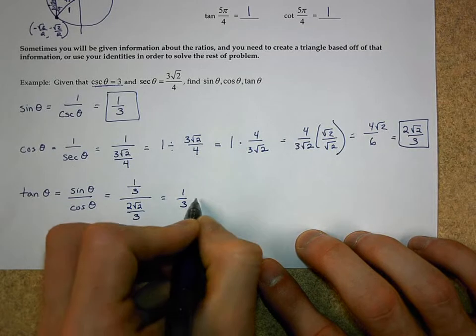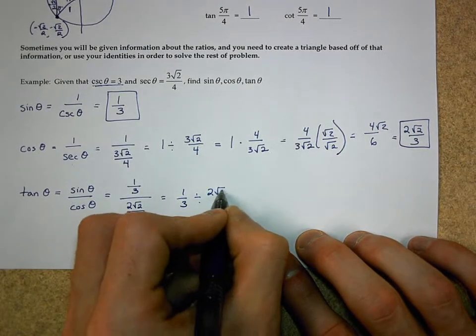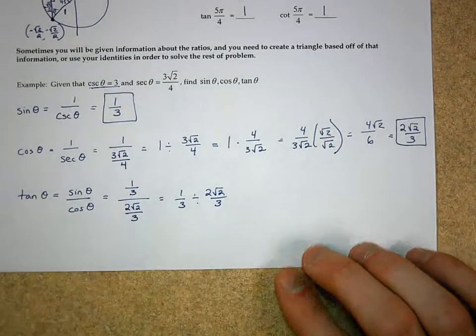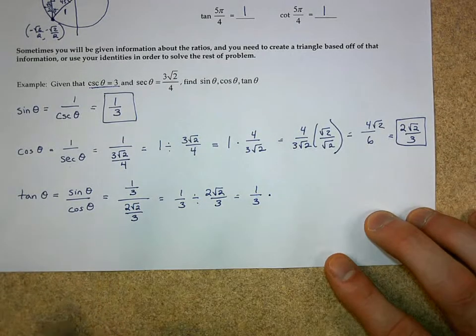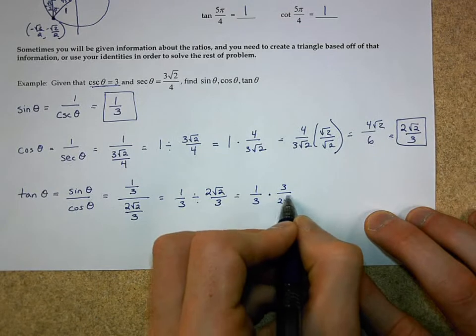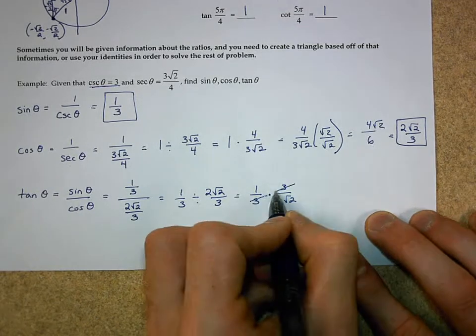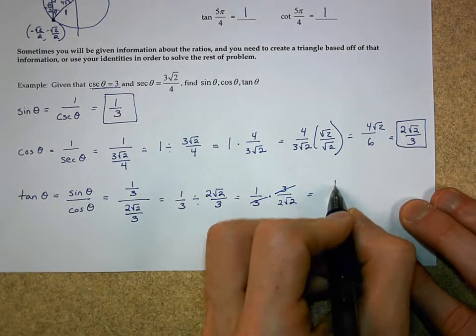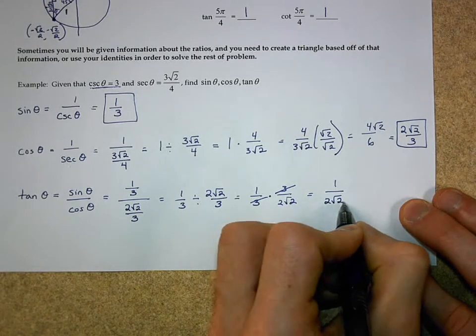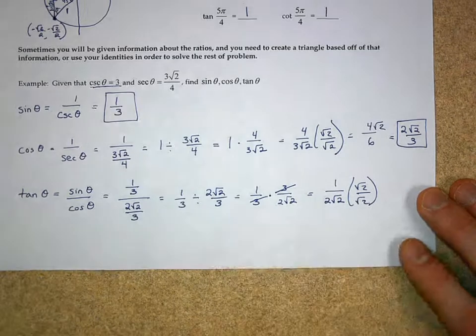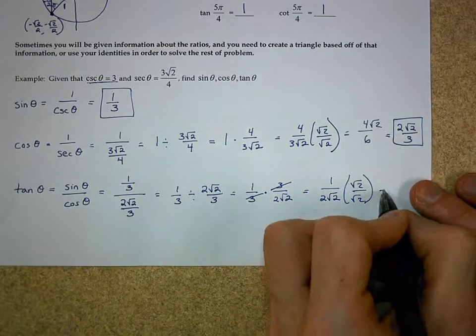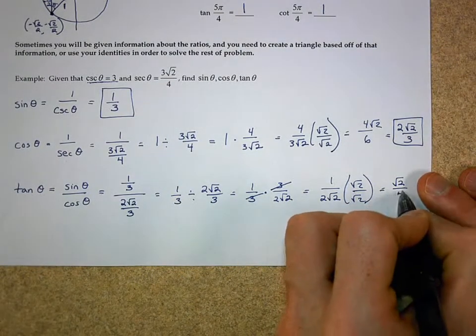So 1/3 divided by 2 square root of 2 over 3 changes to multiplication, and we flip the second fraction. 3's cancel out, left with 1 over 2 square root of 2. And then finally we rationalize our denominator, and we end up with square root of 2 over 4.